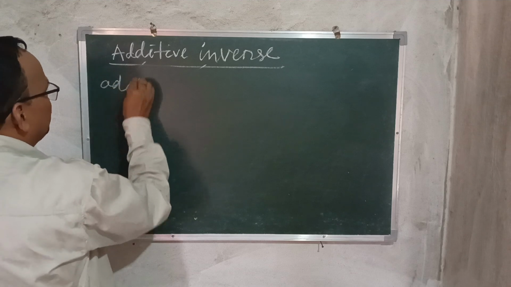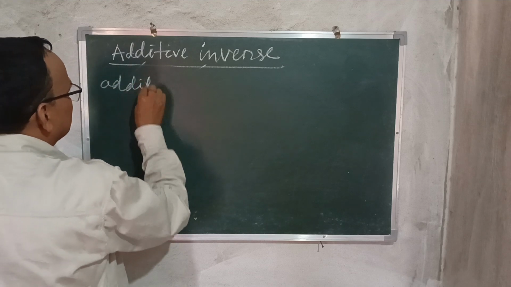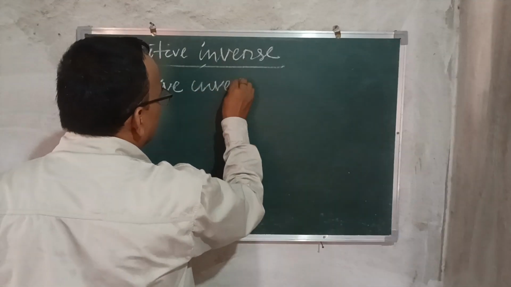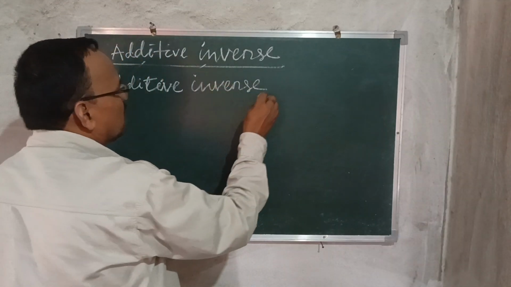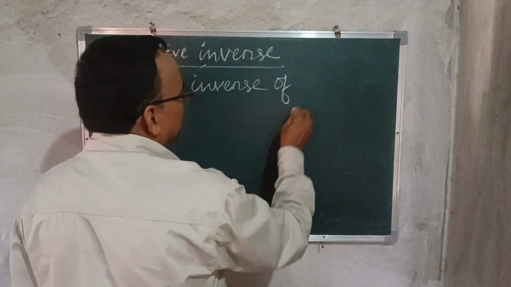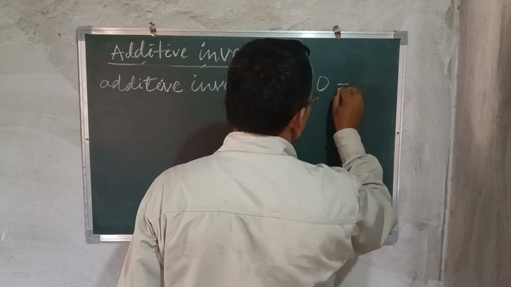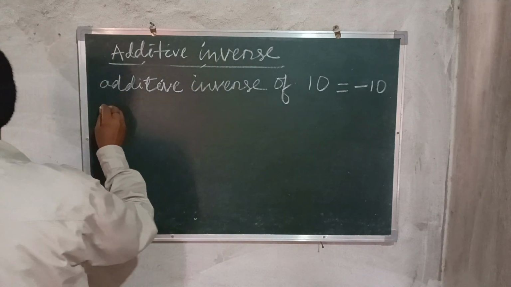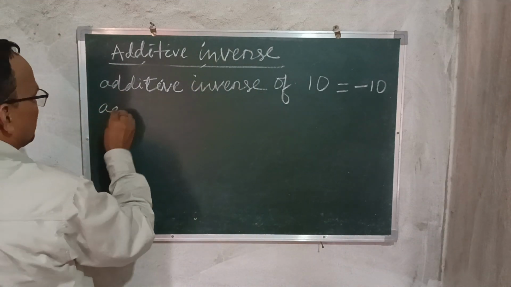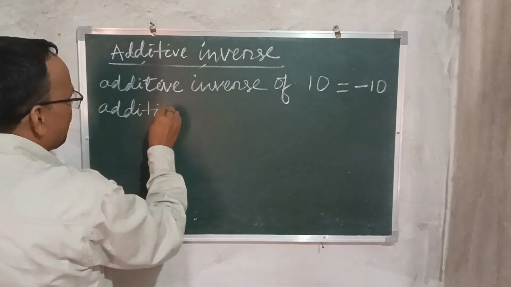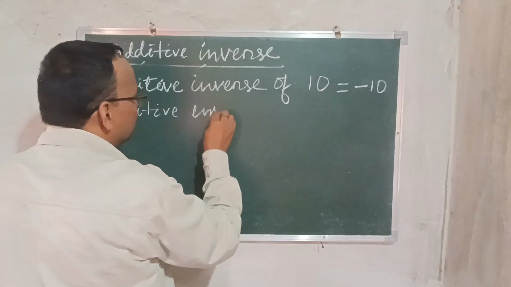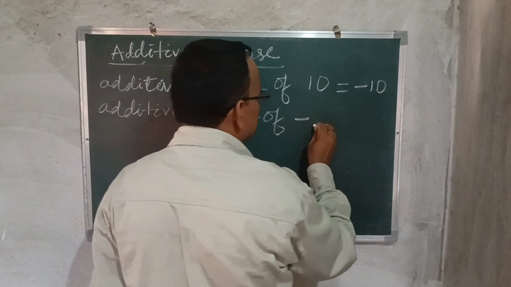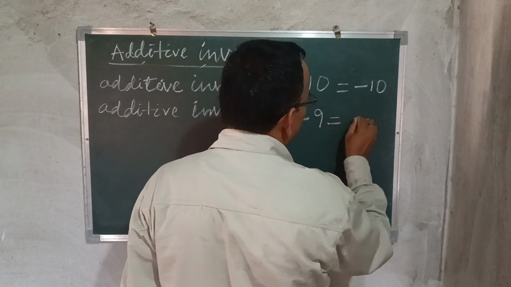Additive inverse of 10 is equal to minus 10, and additive inverse of minus 9 is equal to 9.